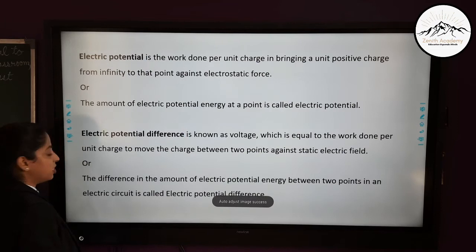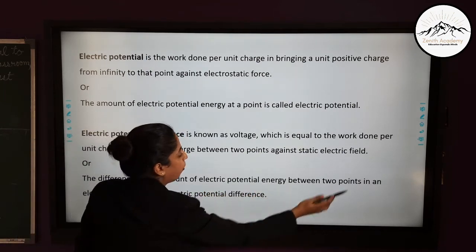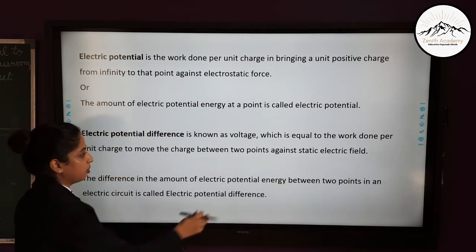Or in simple words, the difference in the amount of electric potential energy between two points in an electric circuit is called electric potential difference.